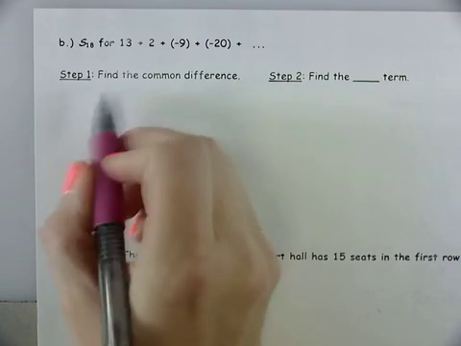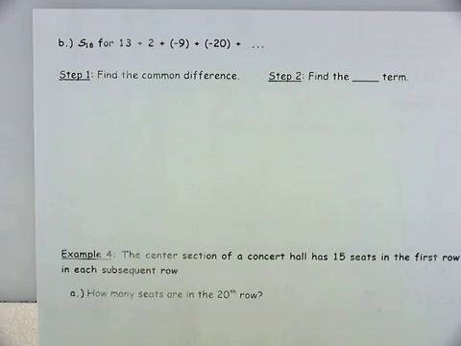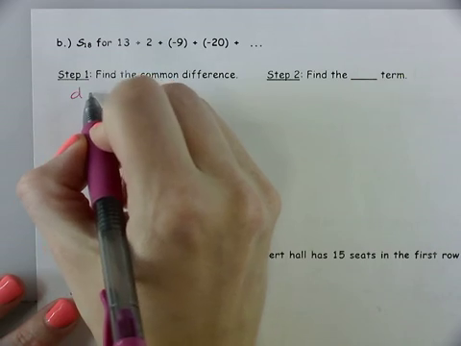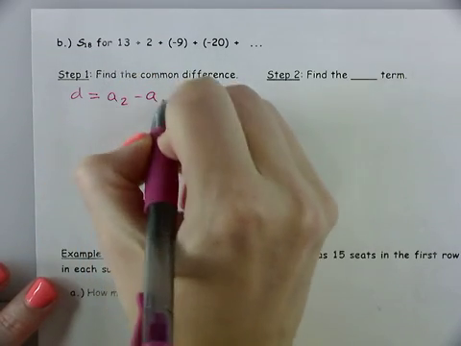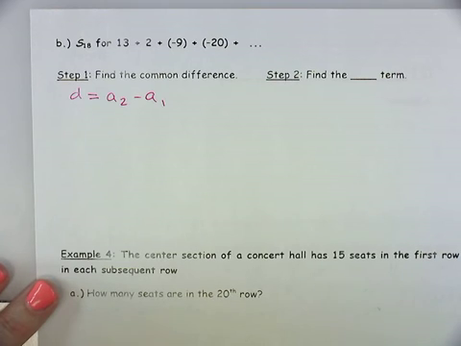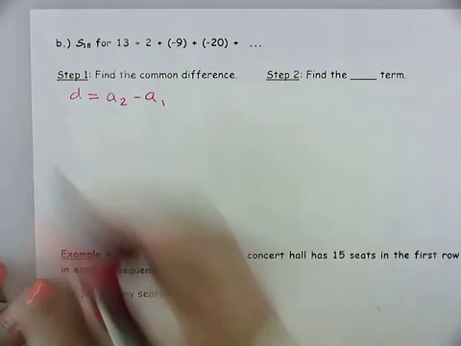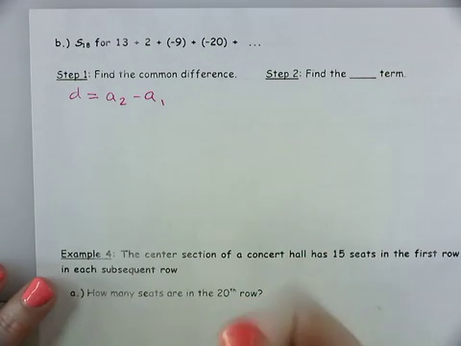So step 1 is find the common difference. We actually just talked about that. Your common difference is going to be a sub 2 minus a sub 1. So you already have your a sub 2 and your a sub 1. Maraf, what's your a sub 2 and your a sub 1?